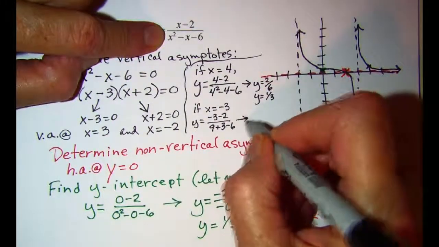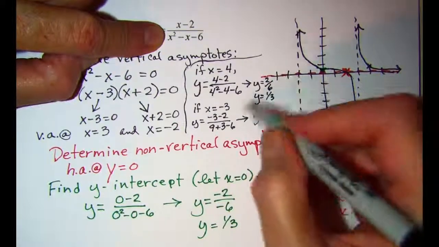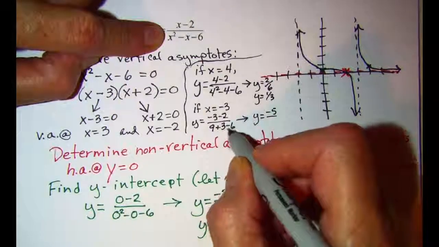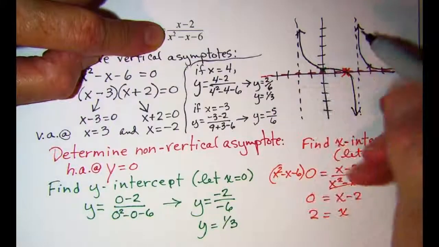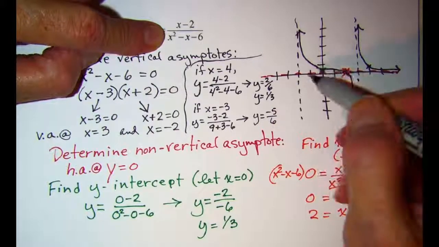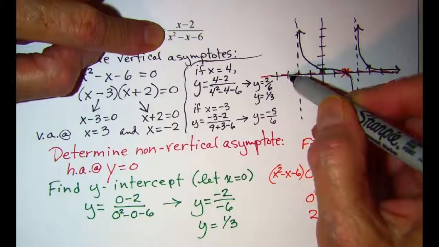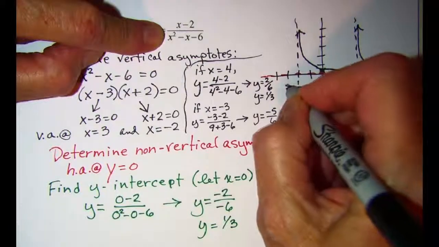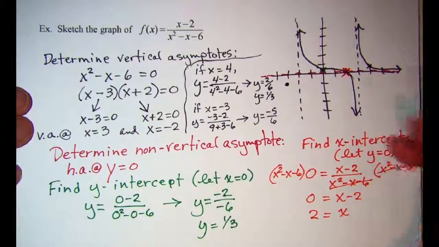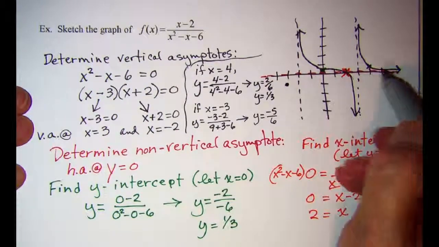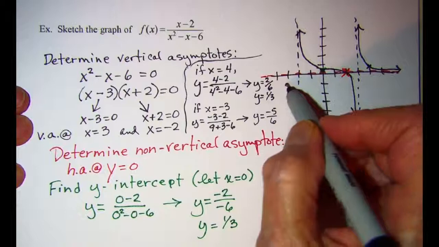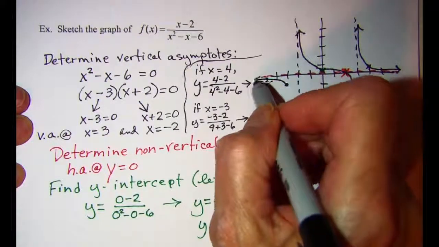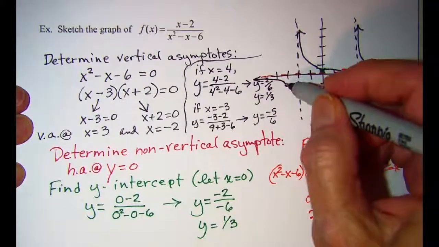So that looks like y equals -5 over 6. So when x is -3, y is almost -1. Not quite. So down here. So by the same thought process that we used up here, we can't cross our x-axis. So we're going to have to hug the horizontal asymptote going this way and then go down.